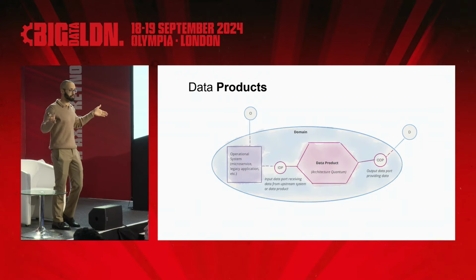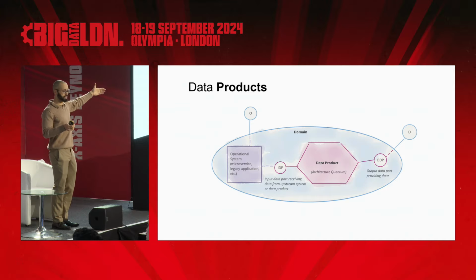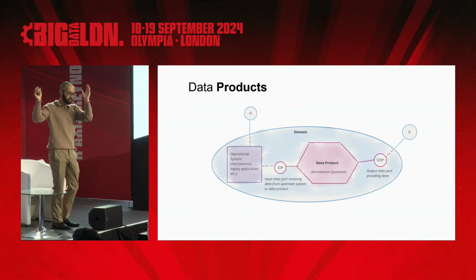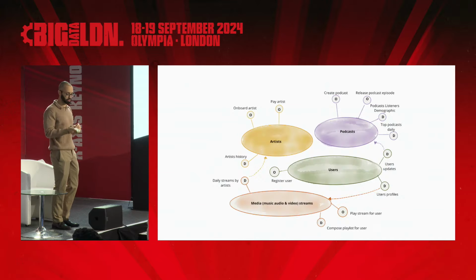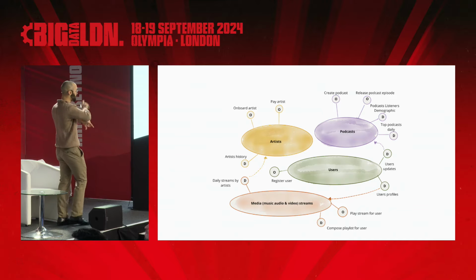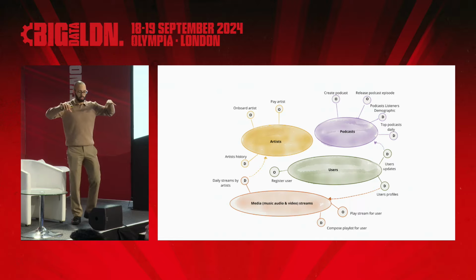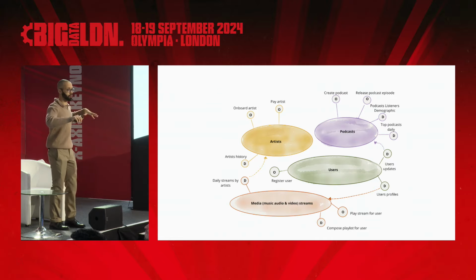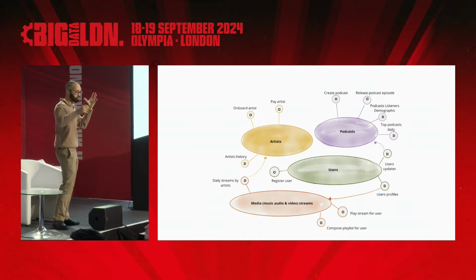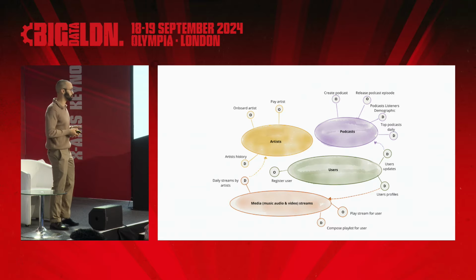Oftentimes this was split down the middle, where product engineers owned your operational systems, and data teams owned the data products, quote unquote. And when you take this entire view from a top-down perspective, you see that your company becomes very domain-oriented.